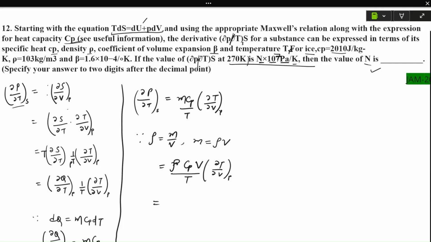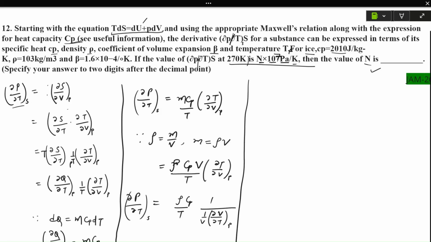Okay, so now I can rearrange it like rho Cp by T and 1 upon del V by del T, 1 upon V times P, and this is del P by del T at S. And since we know that volume expansion beta is equals to 1 by V del V by del T at constant pressure.